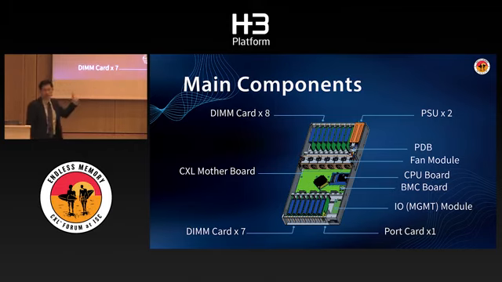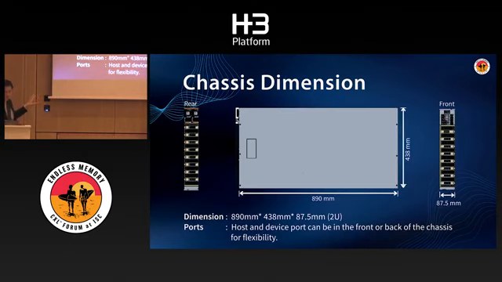And because it's 2-way, you can use front access or back access, with the cable direction that you want to use. It's better for the different data centers that want to deploy this. The dimension is 2U, and of course 19 inches wide, right?